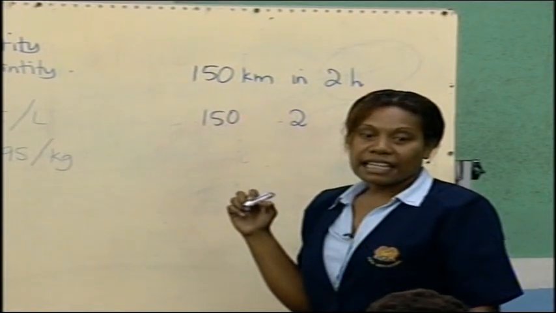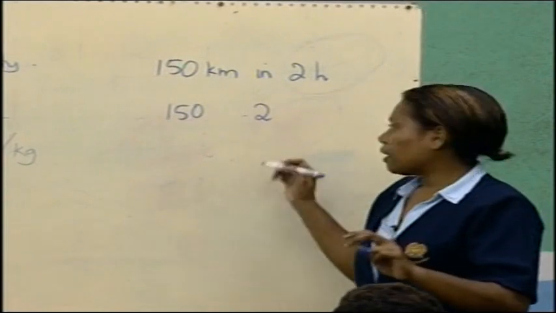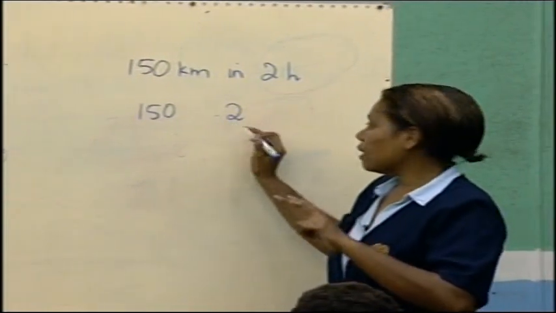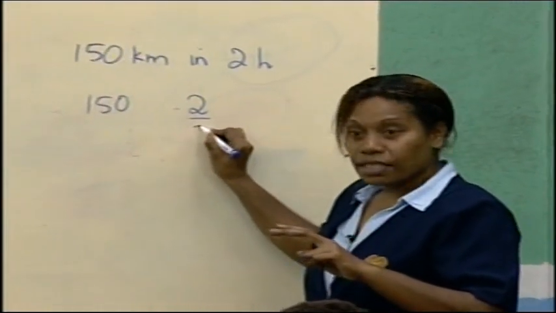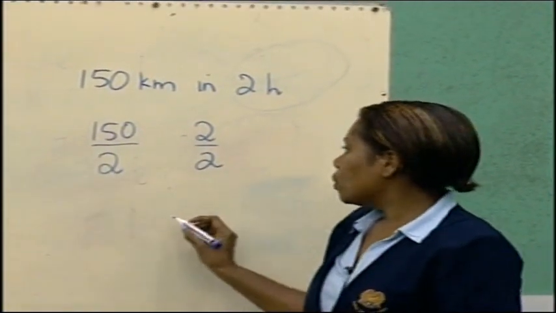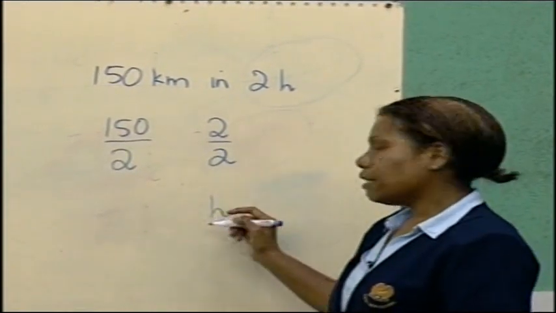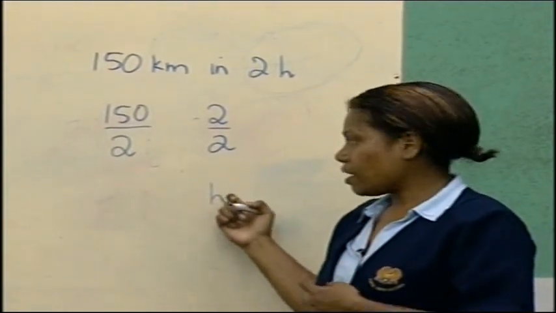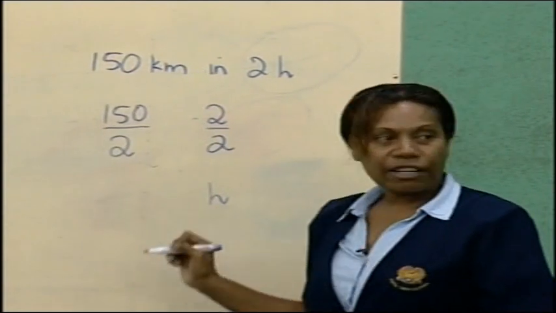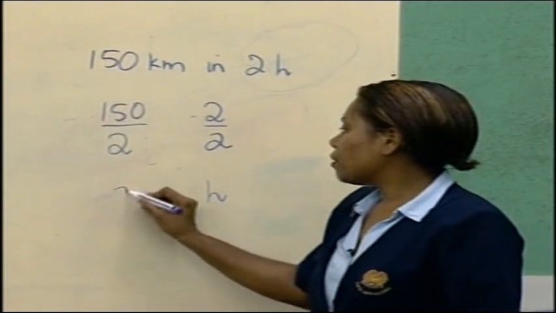We are going to simplify, or we are going to divide. Divide by 2, very good. Also divide by 2. So you have 2 into 2 is 1. You can say 1 hour or just hour. And 150 divided by 2? 75.